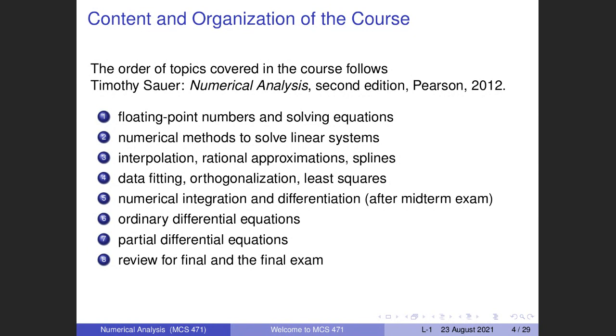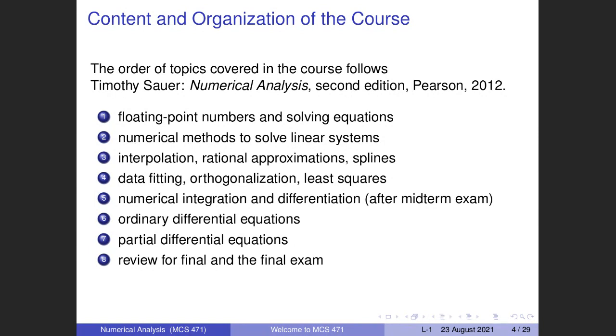Here, in greater detail, I have outlined the main topics of the course. The book has more than 8 chapters, and there are at least 3 different styles of numerical analysis that can be taught. We are following the classical calculus-based numerical analysis.